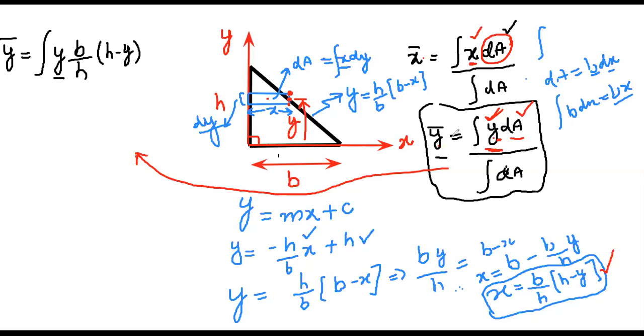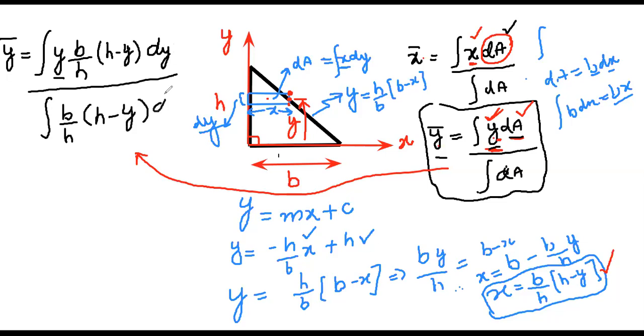This is our y coordinate, then we have dA is equal to x dy, divided by integral dA. Integral dA means integral of x, that is b by h into h minus y, this is our x, multiplied by dy. Now our variable of integration in this problem is y, and our y varies from 0 to the maximum value of h. So this will be integral from 0 to h, okay?